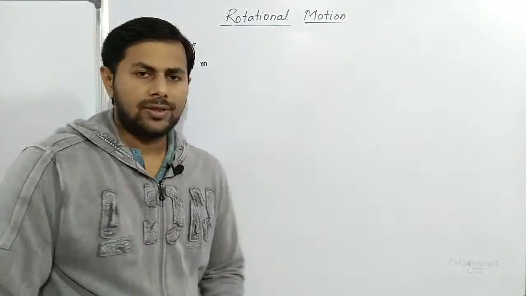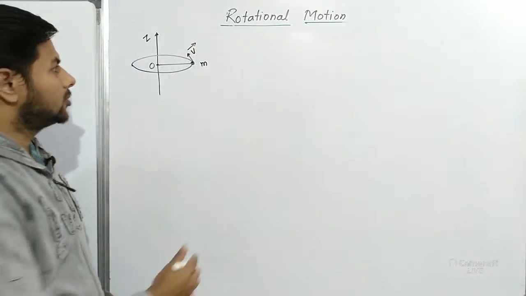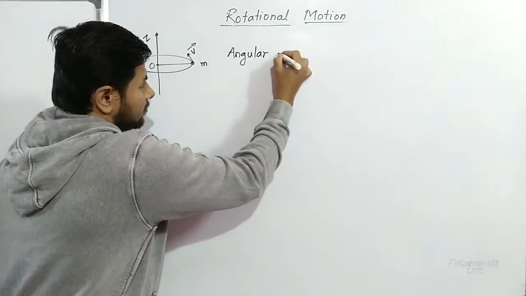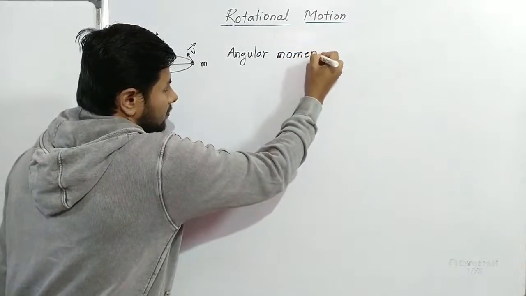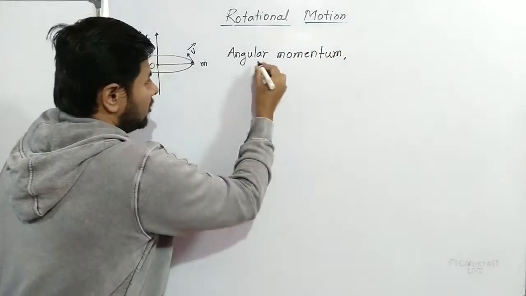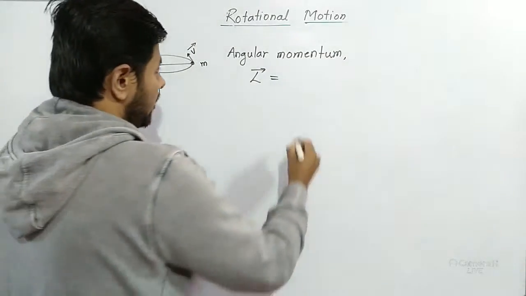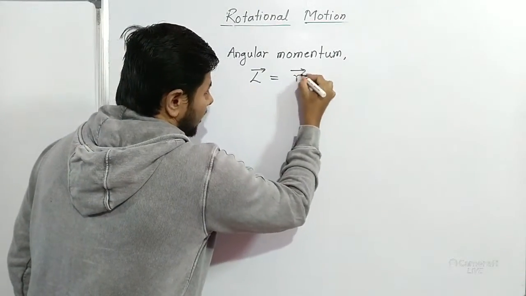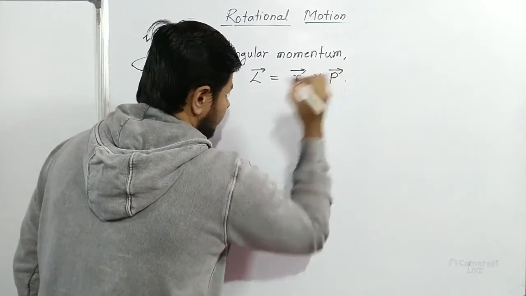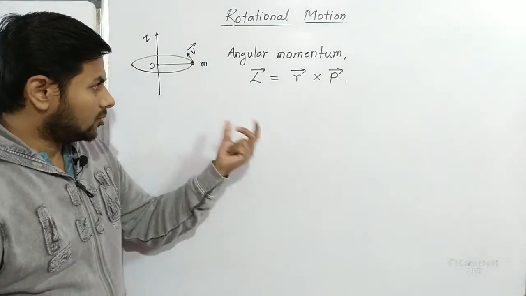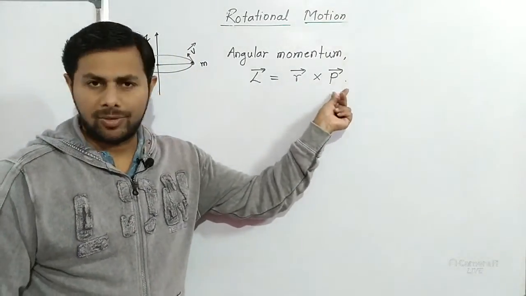Then we had defined two new quantities. The first one is angular momentum. We call it L bar and it is R bar cross P bar. This is also called the moment of linear momentum.